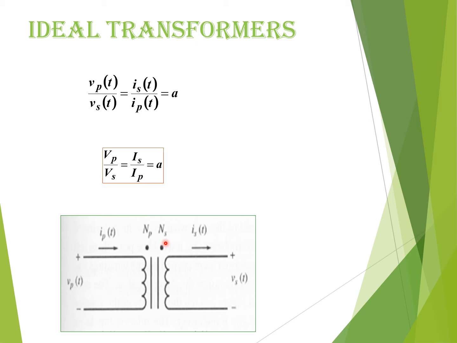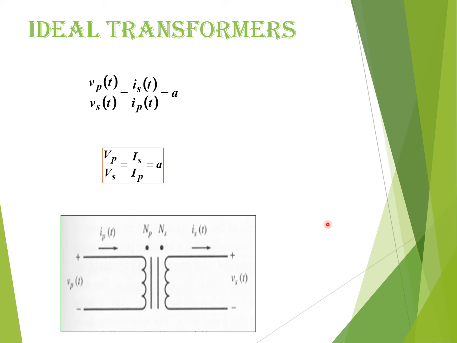Then Vp(t) is the voltage applied to the primary side. Vs is the voltage at the secondary side. Ip is the current flowing into the primary side, and Is is the current flowing into the secondary side. And A is nothing but the turns ratio.